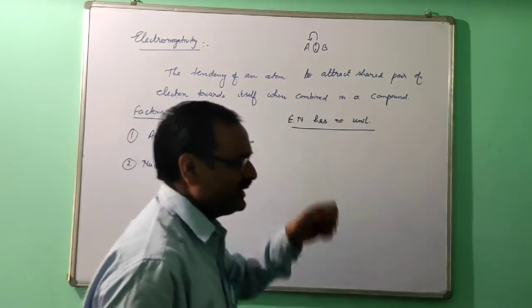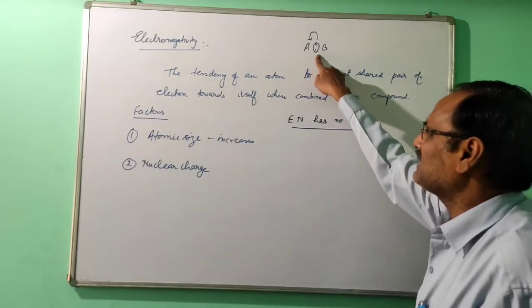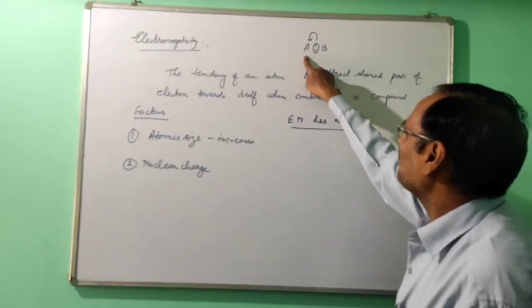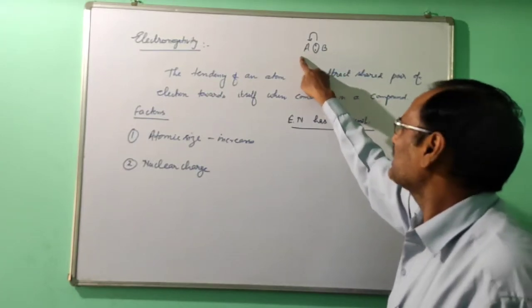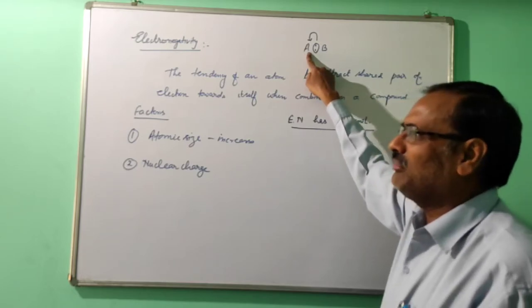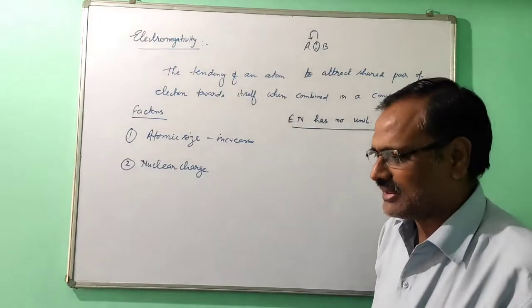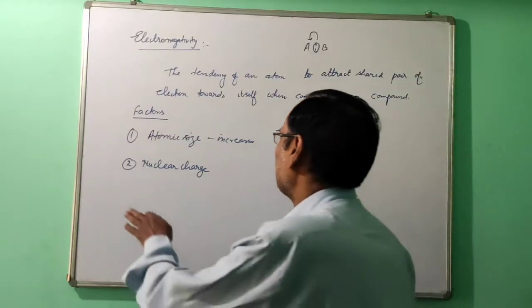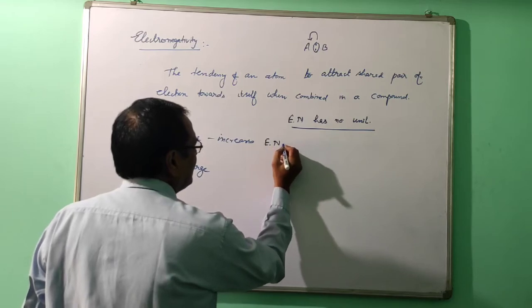In bonded condition, this atom attracts the shared pair of electrons, and if the size is more, then the distance will be more. If the distance is more, then atom A will have a lesser tendency to attract the shared pair of electrons. It means as the atomic size increases, electronegativity decreases.